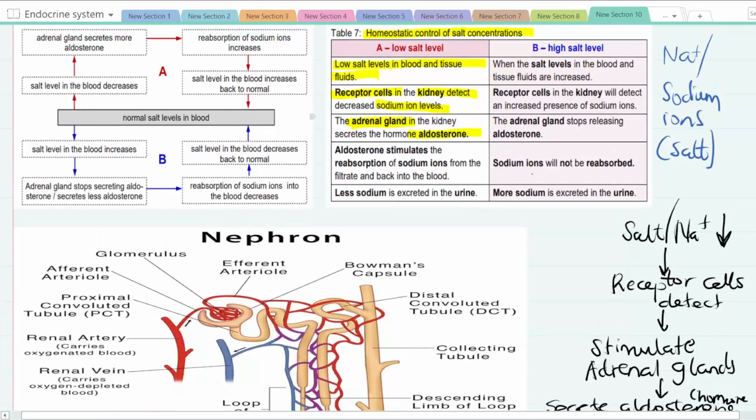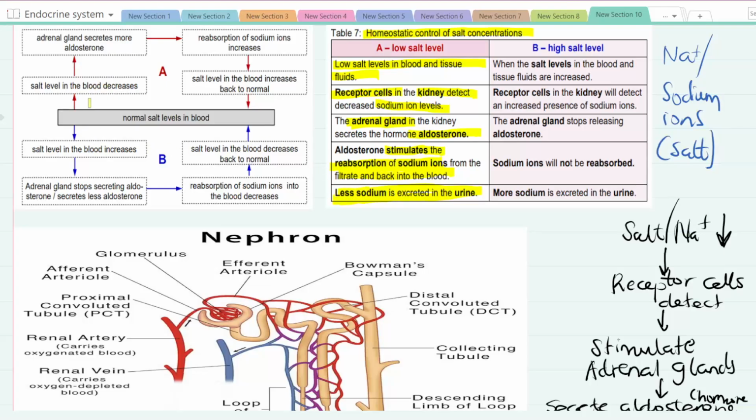Right, so after aldosterone has been stimulated, it will therefore promote the sodium ions to be reabsorbed back into the blood, and therefore less sodium is excreted, and there will be an increase back to normal.